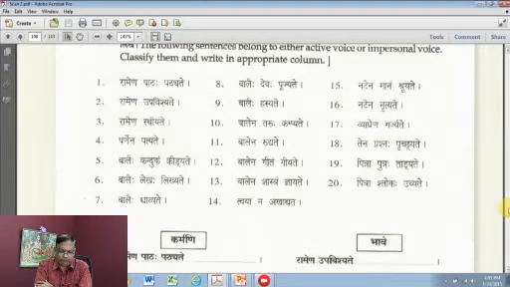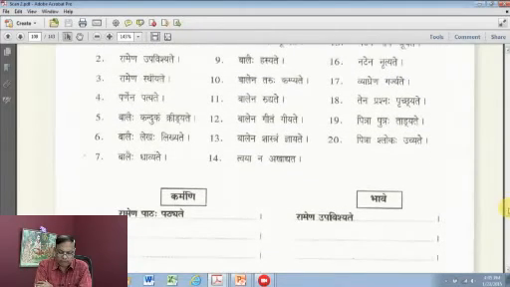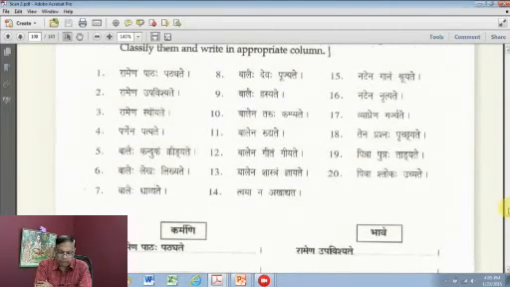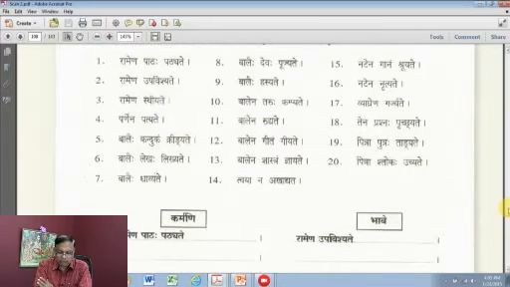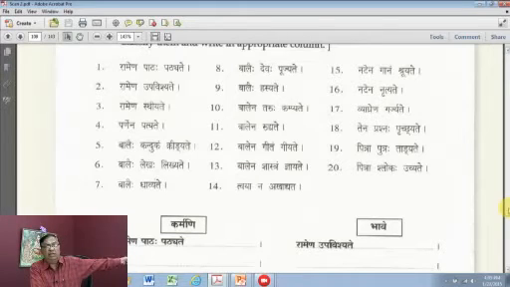Ramayana Patha Pathyate is already given, karmani. That is given. Okay. Next, Ramayana Upavishyate is also given. So you can see Ramayana Patha Pathyate, Ramaha Patham Patati. That is, well, this can be translated. A lesson is read by Rama. But Ramayana Upavishyate cannot be translated. You have to convert like I have done now.